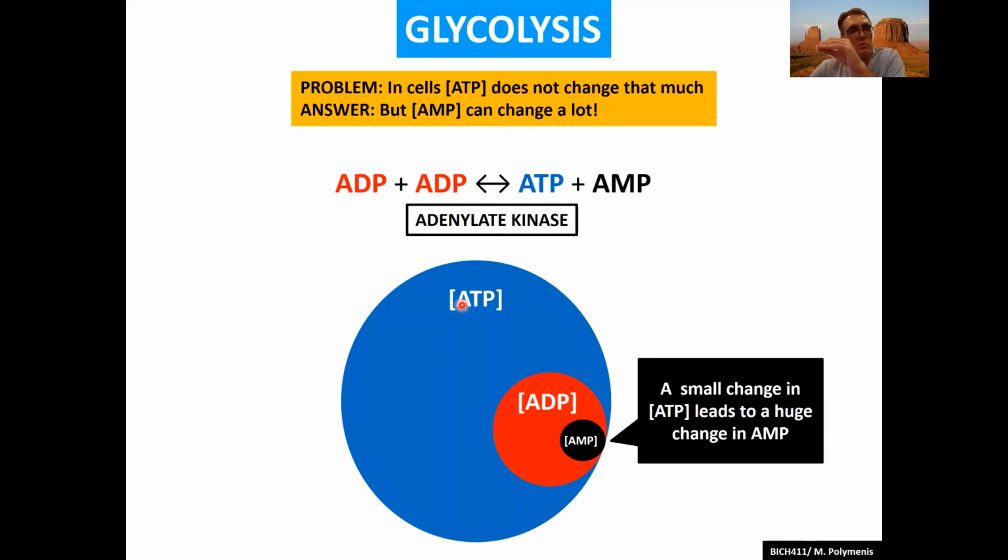Even if ATP drops by maybe 10% or whatever, it won't make much of a difference on ATP levels, but it will make a lot of difference on AMP levels. So the cell senses that: ATP drops a little bit, AMP will go up by a lot, not 10%, but several fold. And now that's a signal that's interpretable by the cell. It says, okay, go get me ATP.